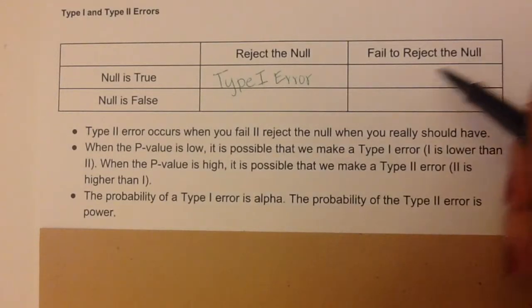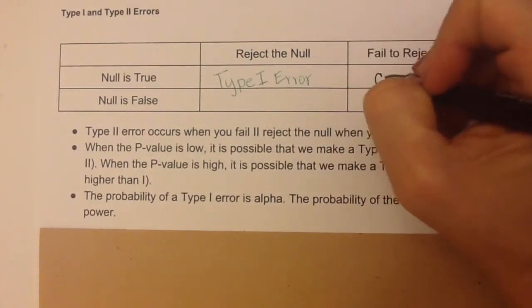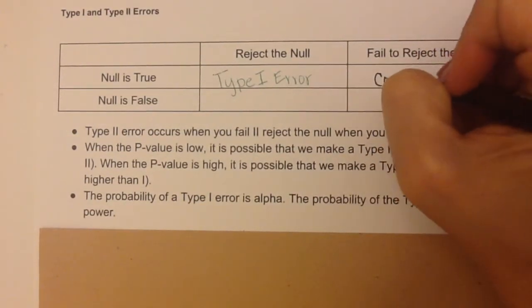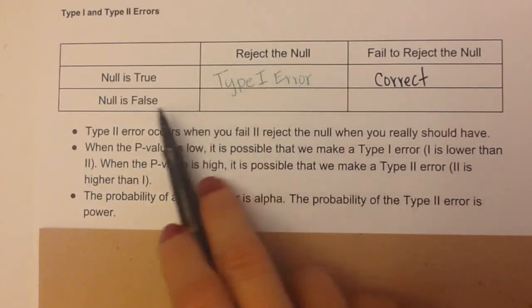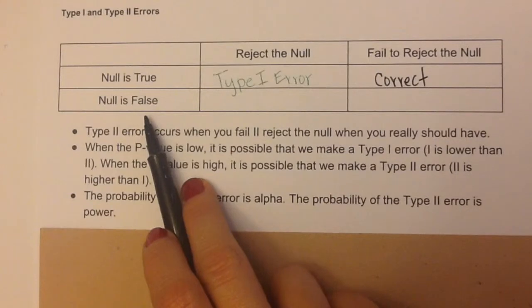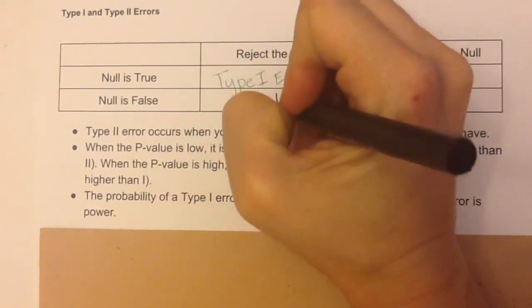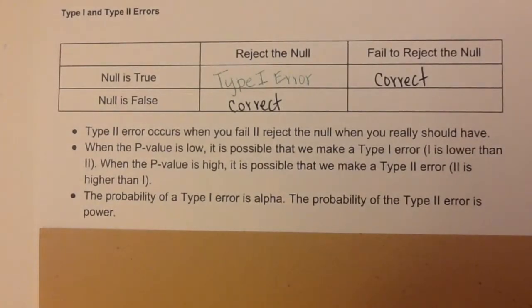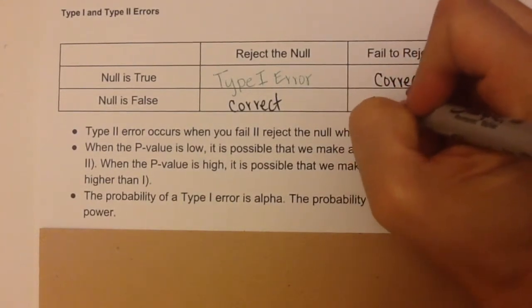If we fail to reject the null and the null is true, then we haven't done anything wrong and we have made a correct conclusion. Or if we reject the null when the null is false, then again we've done nothing wrong and we've made a correct conclusion. And the last situation we can come to is if we fail to reject the null when the null is actually false. That is called making a type 2 error.